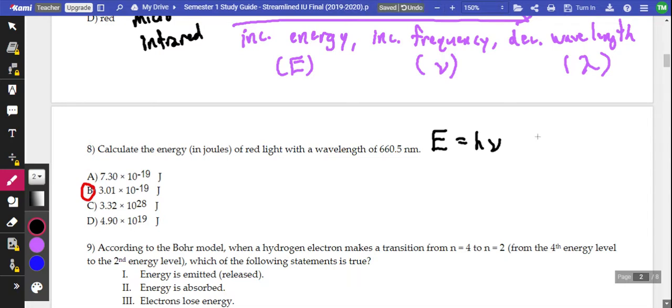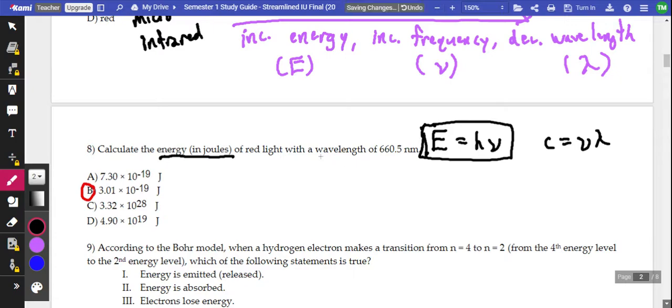Okay, or we could write it as speed of light, c, is equal to the frequency, nu, times the wavelength, lambda. And we can kind of swap stuff into these equations if we need to. Like if you notice, we could solve for frequency here and put that in and substitute it. So we don't want to use frequency, we can use that there. So since we're calculating energy, we probably want an equation like this.